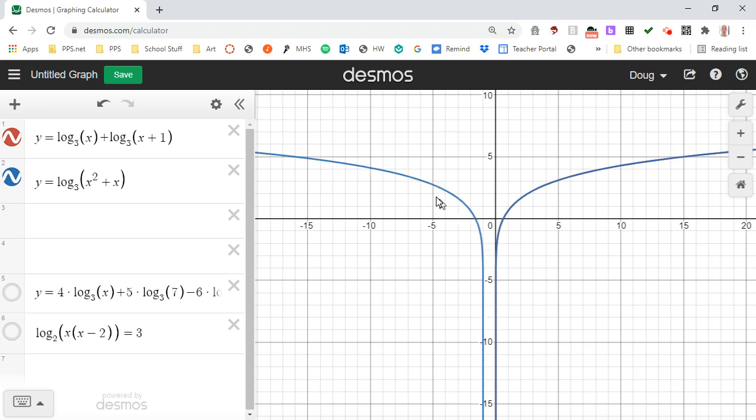Why? That seems like, well then, doesn't that say that this does not equal that? Well, they're equal as long as x is greater than 0, they're the same. But when x is less than, it looks like -1 there. When x is less than -1, there's a problem.